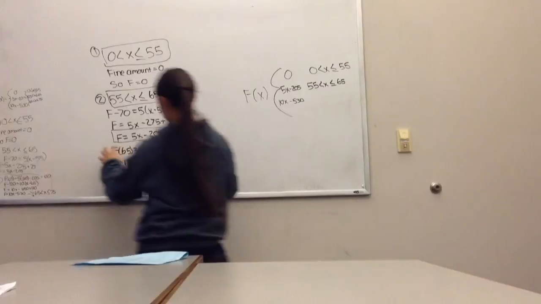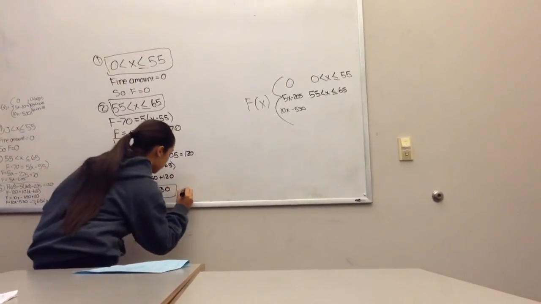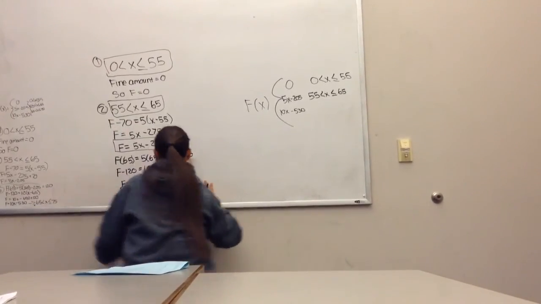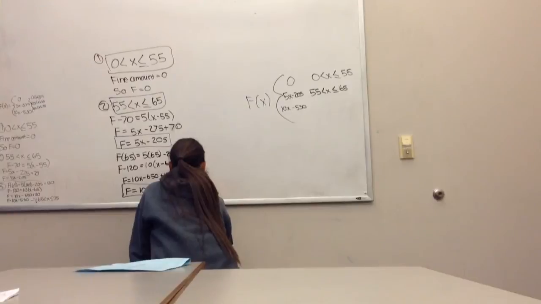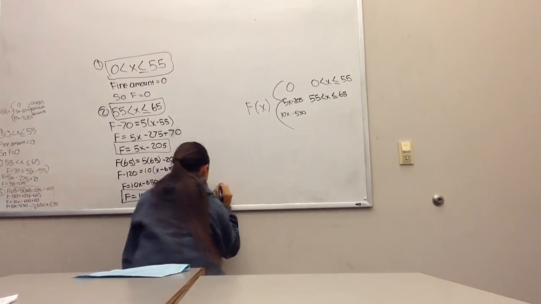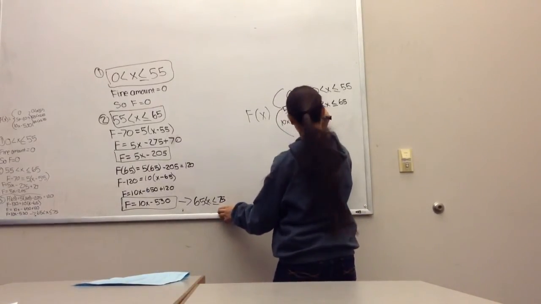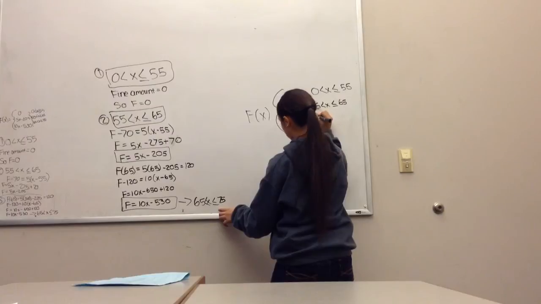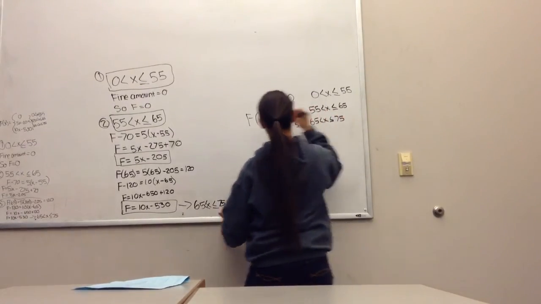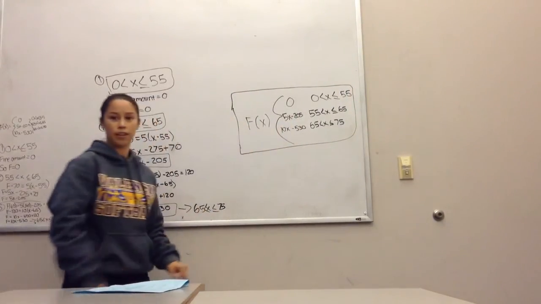And this is relevant to 65 < x ≤ 75. So then we use this equation over here. And these are your 3 answers for the speed trap problem.